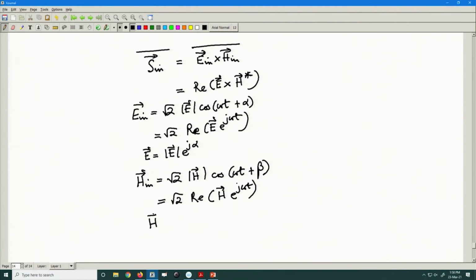So, H is equal to mod H e to the power j beta and H star is mod H e to the power minus j beta.